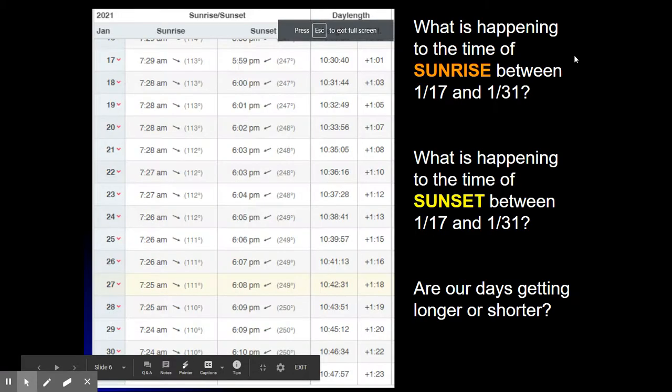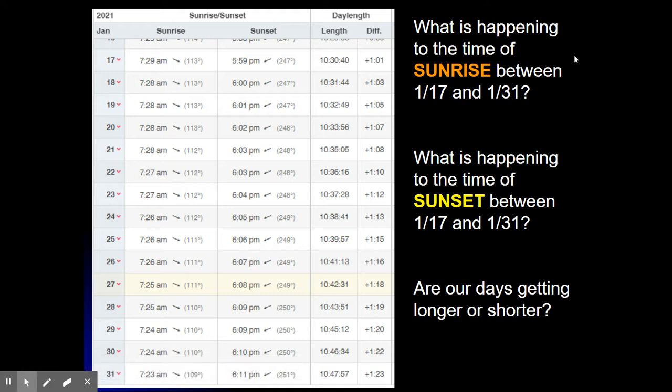Okay, so this is a sunrise and sunset chart for San Antonio, Texas in January of 2021. Today is the 27th. This morning the sun rose at 7:25, and the sun will set tonight at 6:08, which gives us a total length of daylight of 10 hours, 42 minutes, and 31 seconds.